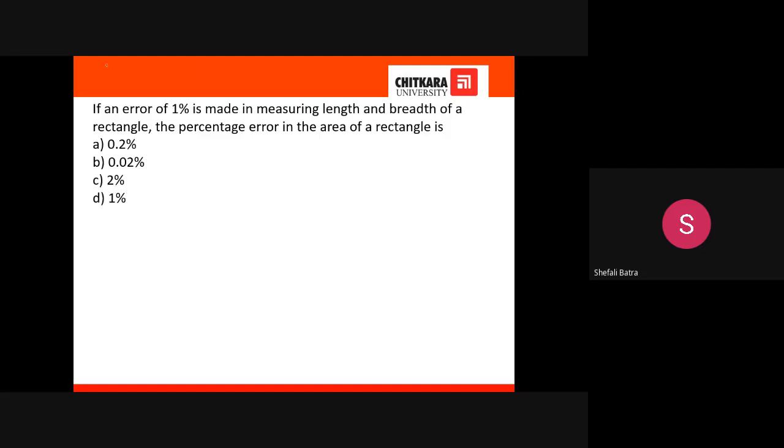Okay, so now go for this question. If an error of 1% is made in measuring length and breadth of a rectangle, then the percentage error in the area of rectangle is what? Area of rectangle, area is equal to length into breadth, right? Percentage error in length and breadth is given 1%.